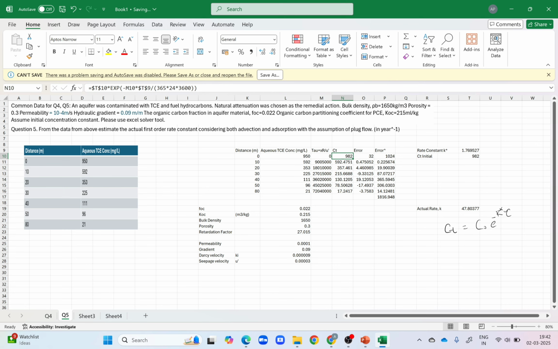So this is the expression and tau is a function of x, which we have seen: tau is equal to x R by seepage velocity.